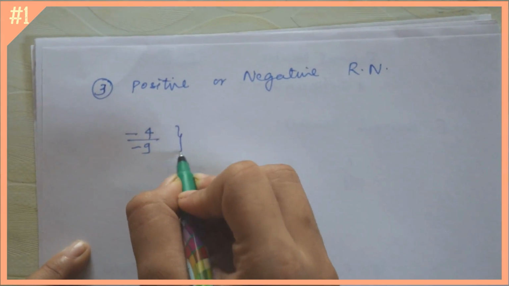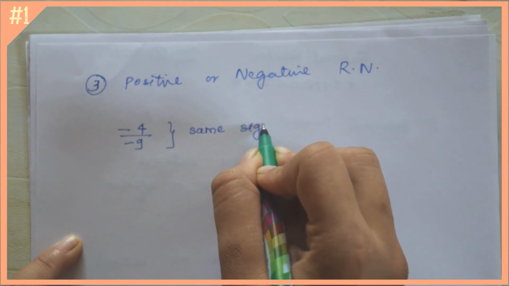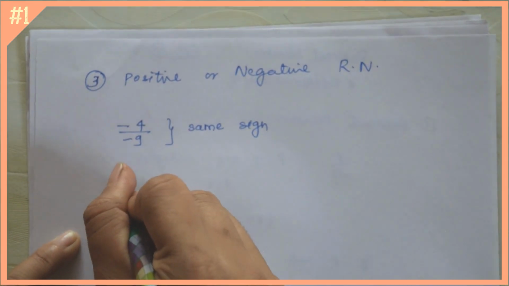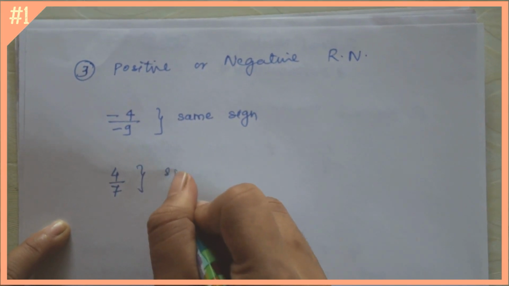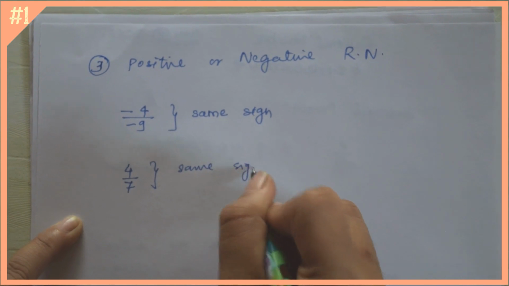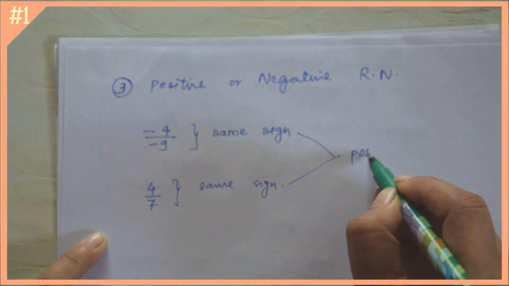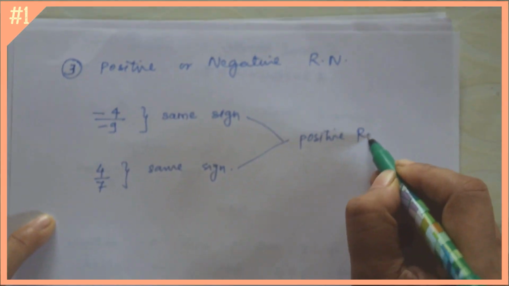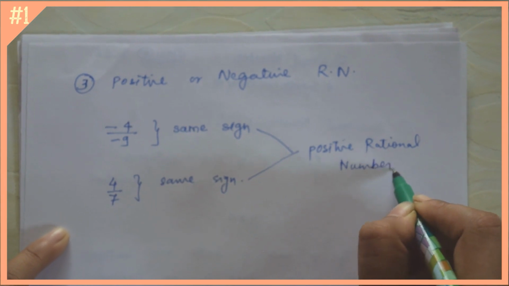Now if you see, both of them have the same sign, a negative sign. So if the numerator and denominator have the same signs, then it becomes a positive rational number.